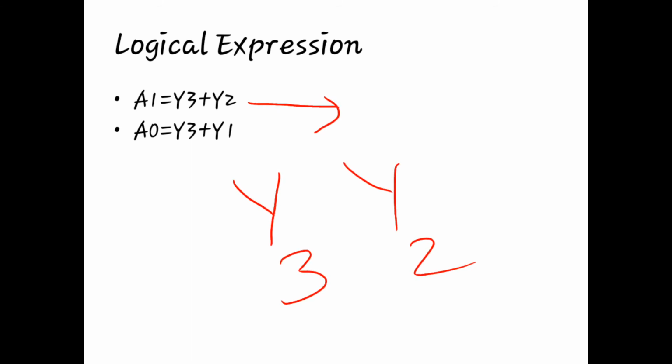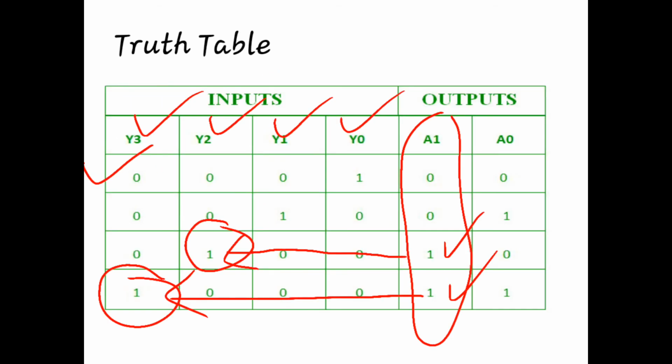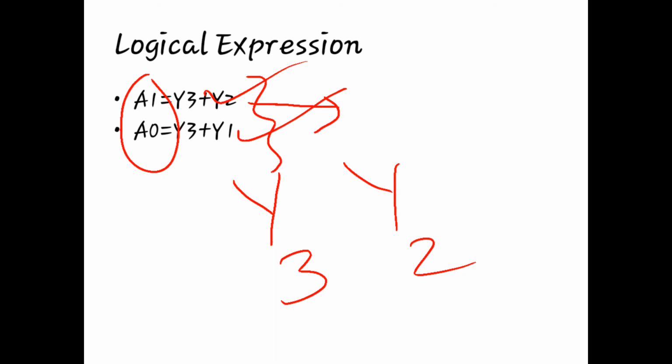So these two output variables, A1 and A0, utilize the inputs y1, y2 and y3. It is very simple to learn. One can simply understand with respect to the truth table why we can write the logical expression like this.